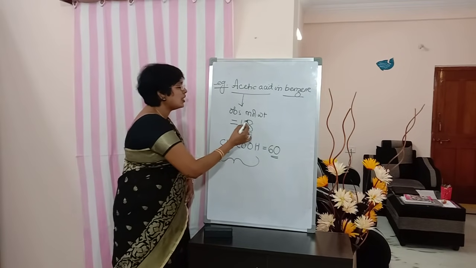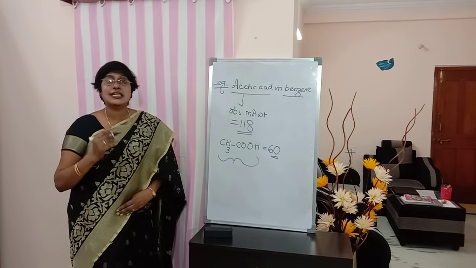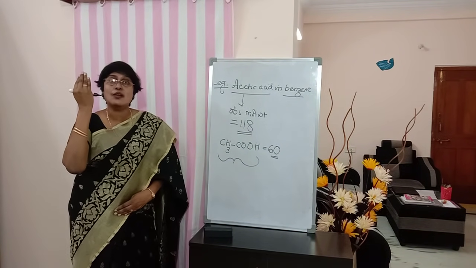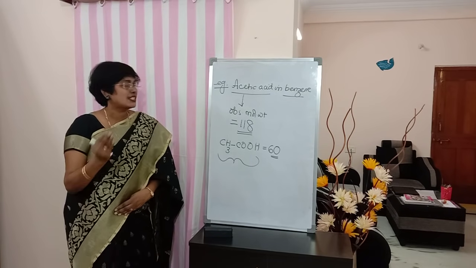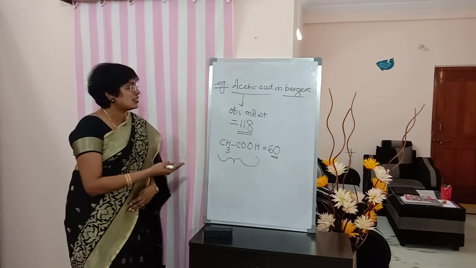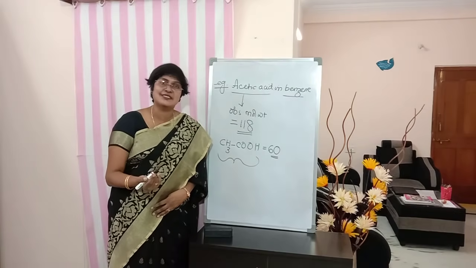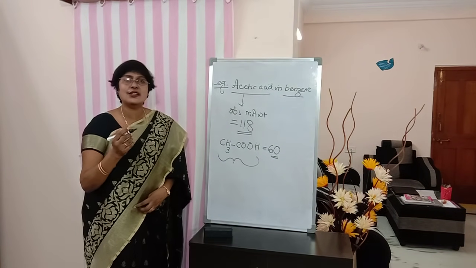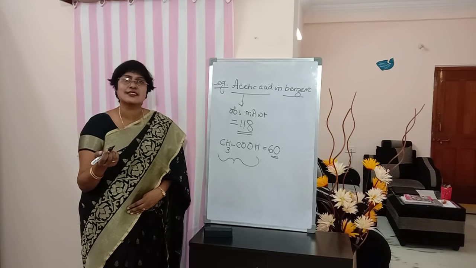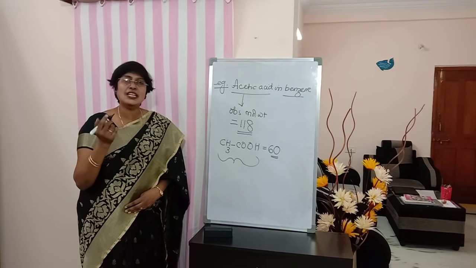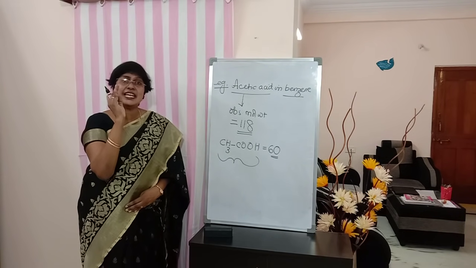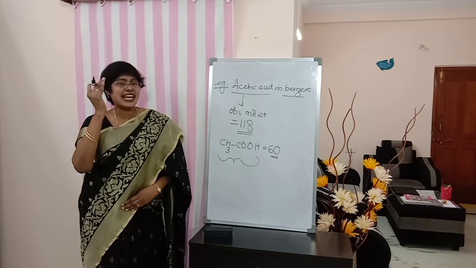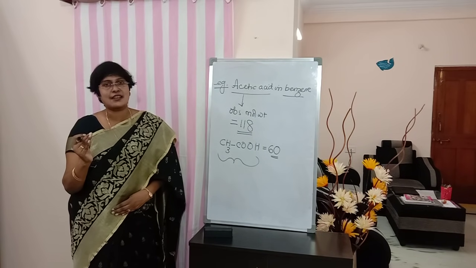So what happened to the molecular weight? The molecular weight increased almost to double. 60 plus 60, 120, right? So it's almost 118. So now tell me, is acetic acid undergoing association or dissociation? The observed molecular weight is more than the normal molecular weight.